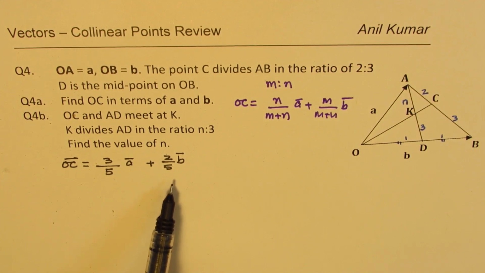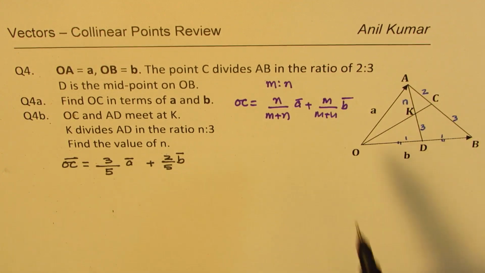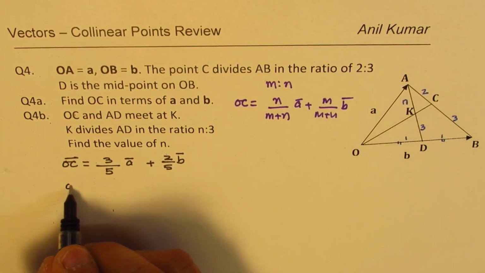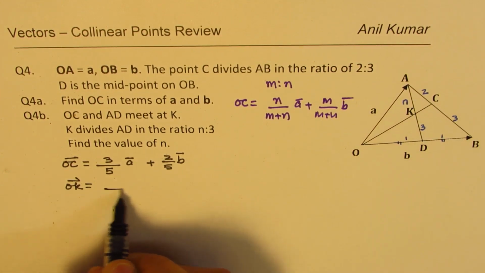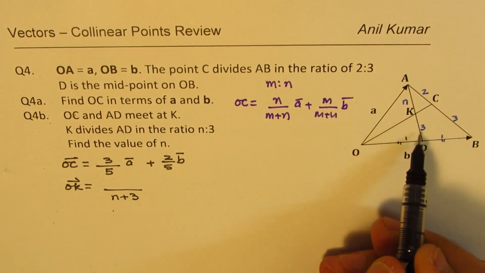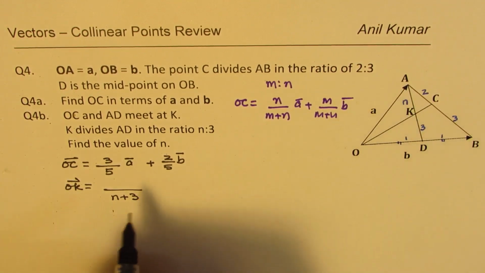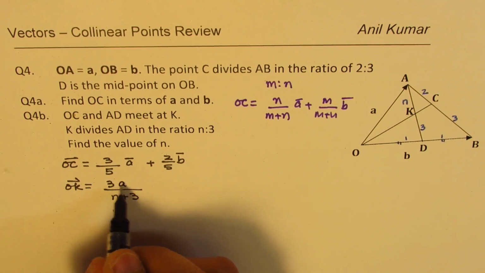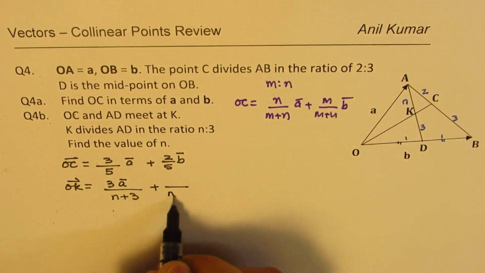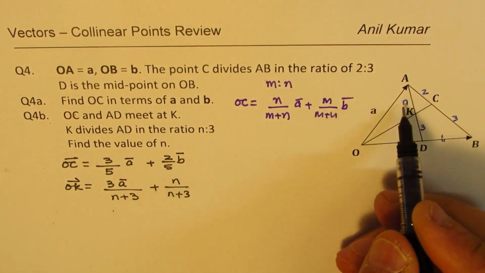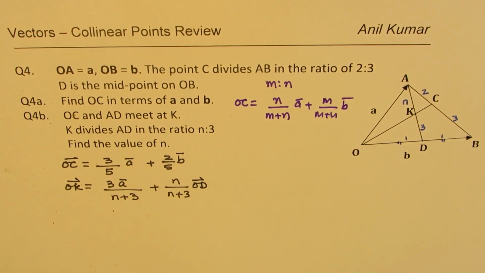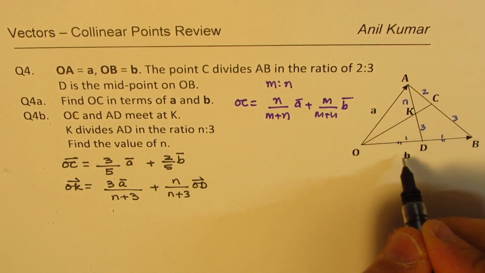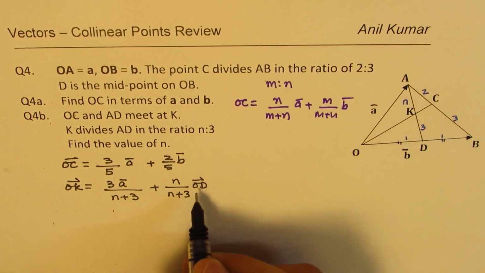Is that clear? Now we are going to use this formula again to find what OK is. So what is O to K? The ratio is n is to 3, so the denominator will be n plus 3. You multiply 3 with the vector A, so it is 3 over n plus 3 times the vector A, plus n over n plus 3 times the vector O to D. Now O to D is half B, since D is the midpoint.